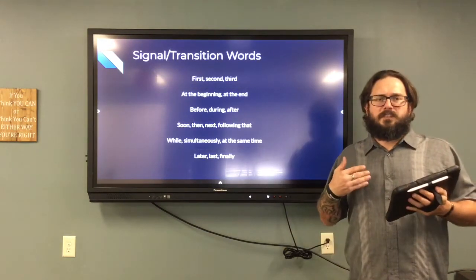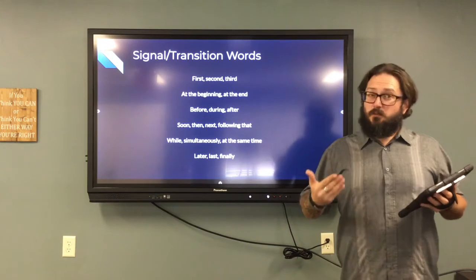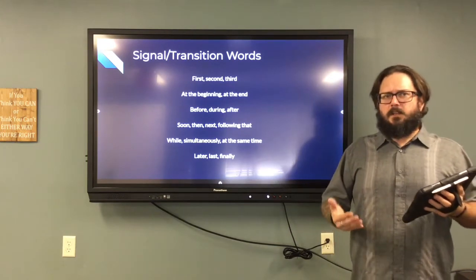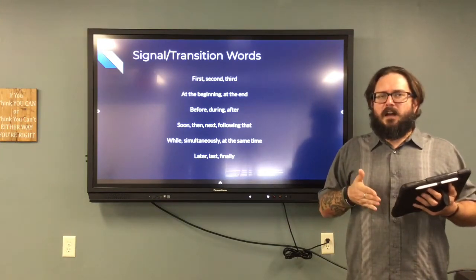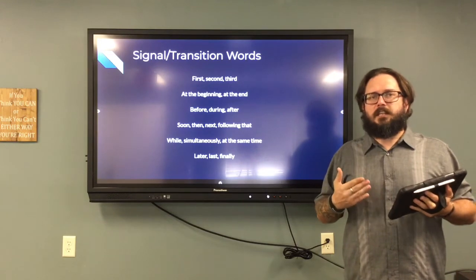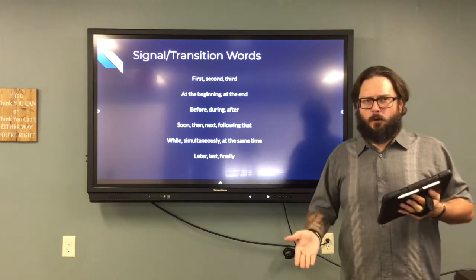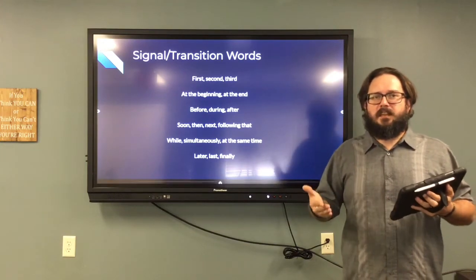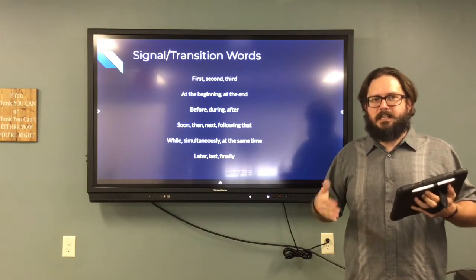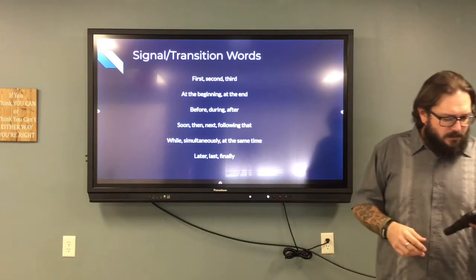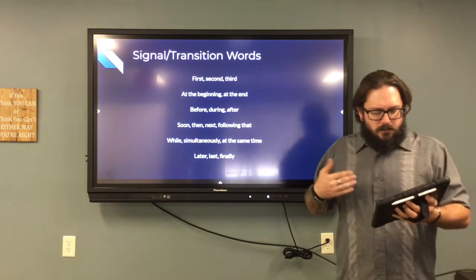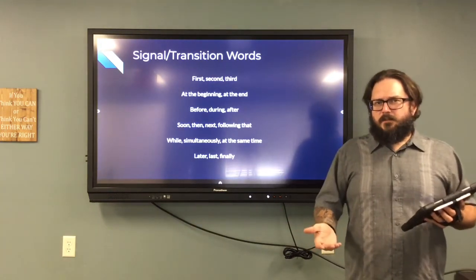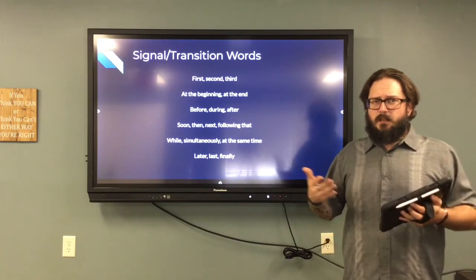Authors will use signal words or transition words or phrases to help us identify that they are describing something in a specific order. So these words will clue us in that we are looking at a sequence. Some common signal words to identify will be first, second, third.